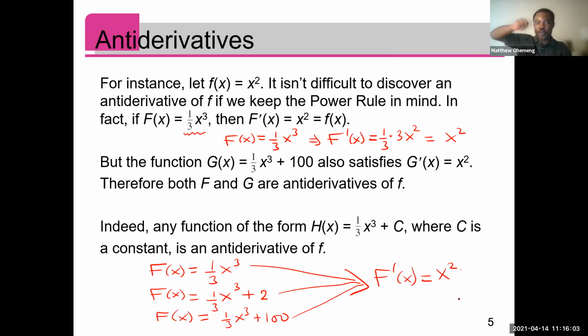So if you are reversing the process, you can get the structure with the x, which is 1 over 3 x cubed. That one I know for sure what form it will take, but I can't know exactly what constant it was. It could be 0, it could be 2, it could be 100, it could be anything, right?